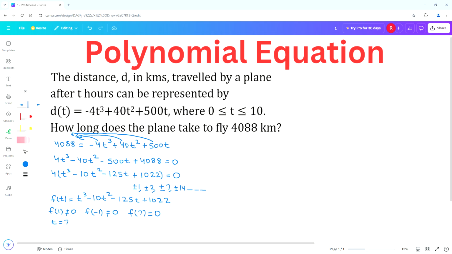We can find the binomial factor for the polynomial by setting this equation equal to 0. We should subtract 7 from both sides. So the binomial factor for the polynomial is t minus 7.